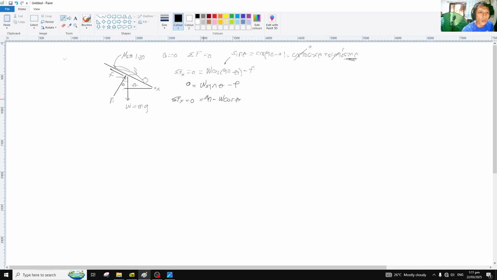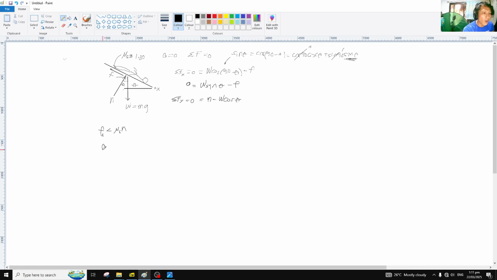Now, you have a connection between F and N with respect to your friction. It states from the problem, from your formula, that Fs is less than or equal to μs times N. But again, that is from 0 to a particular frictional force.